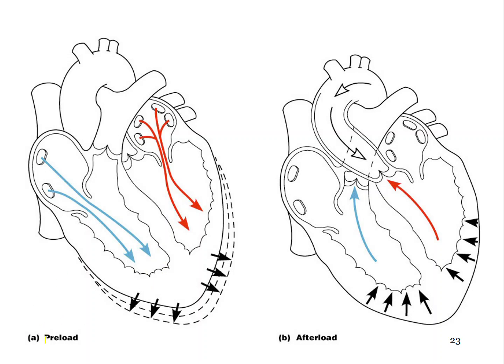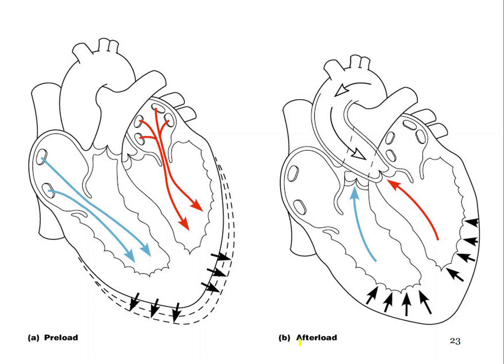So preload and afterload are two important concepts in heart physiology. Preload means the end diastolic volume, and afterload means aortic pressure or arterial resistance. So the preload is the amount of blood in the ventricle at the end diastolic time, which is the end diastolic volume. With increased preload, the contractility of the heart will increase.